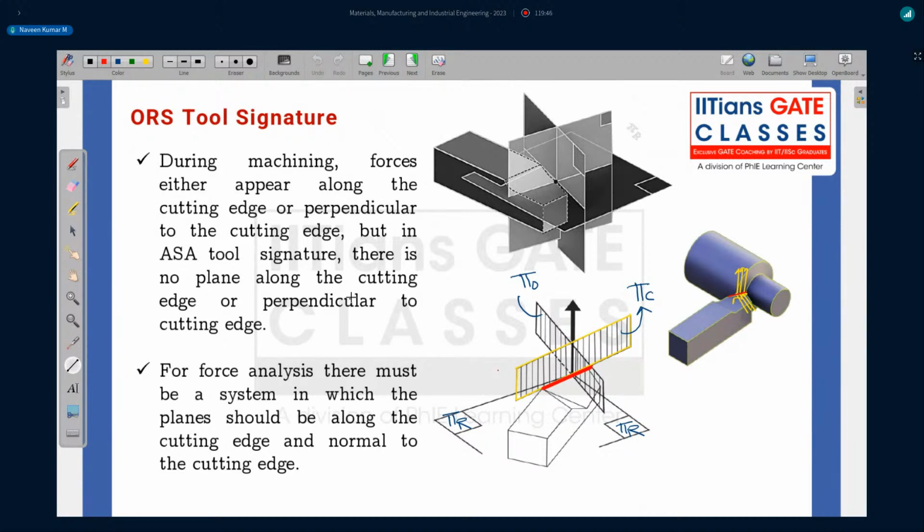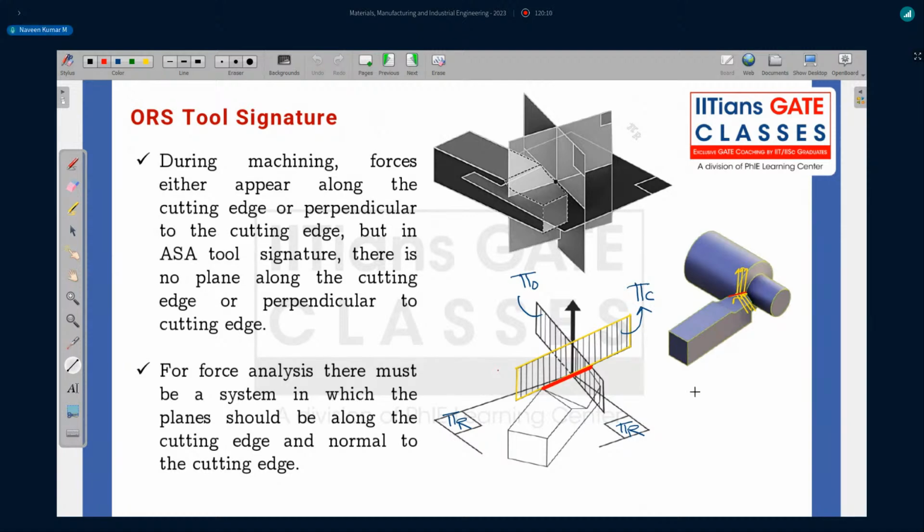But please remember, the ASA system is the system where we use the machine reference system, and the ORS system is the system where we use the cutting edge as our basic plane, and then perpendicular to that plane there is another plane called the orthogonal plane, pi O plane.